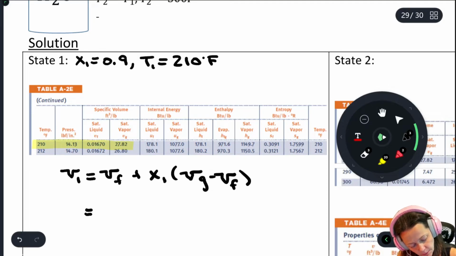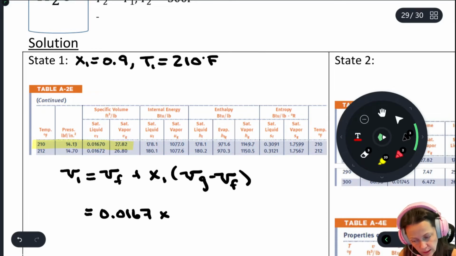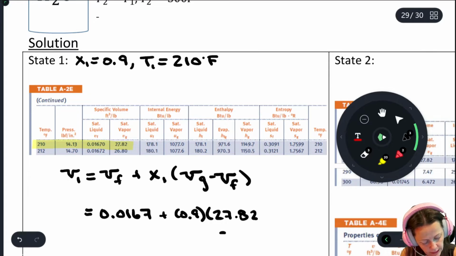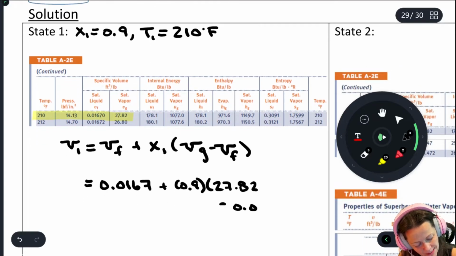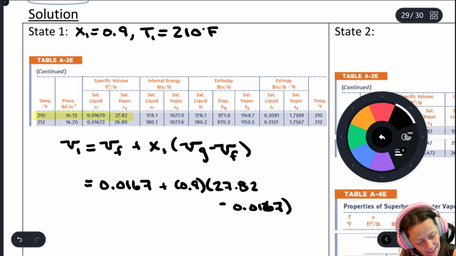And so I end up getting 0.0167 plus 0.9 times 27.82 minus 0.0167. Let me make it obvious that units apply out here.